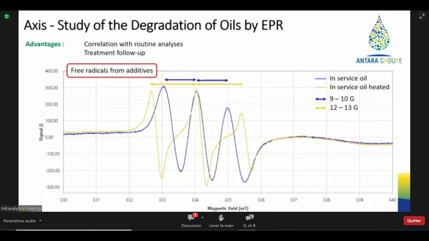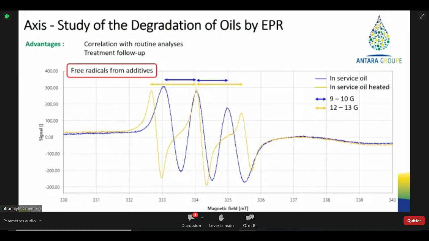Then after a few weeks or a few months, you take another sample and do an EPR analysis as well, and you see: has the type of free radicals changed? Has the amount been reduced? If yes, it's great, because that means our treatment is working. And if not, that means we have to change the treatment.